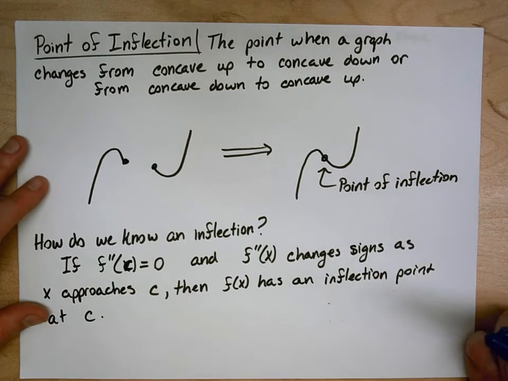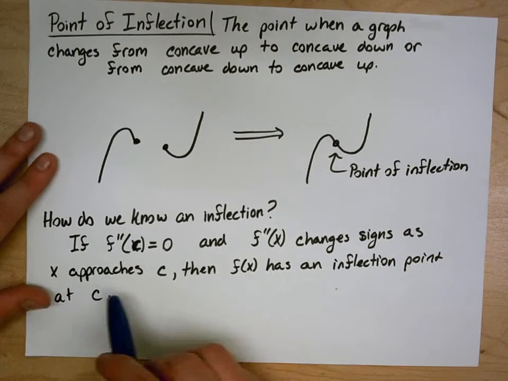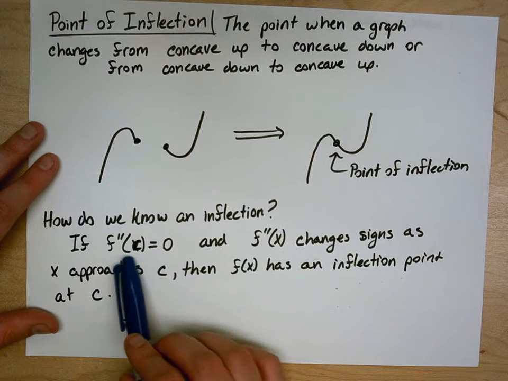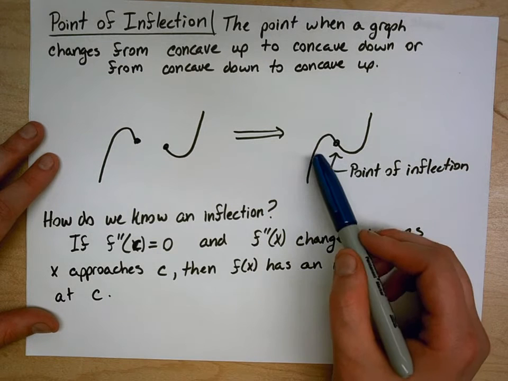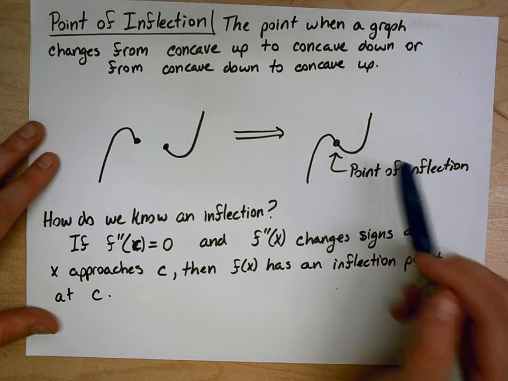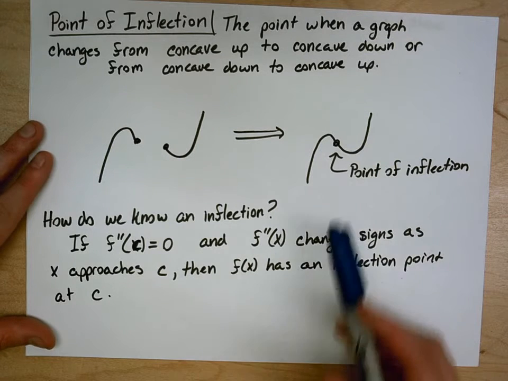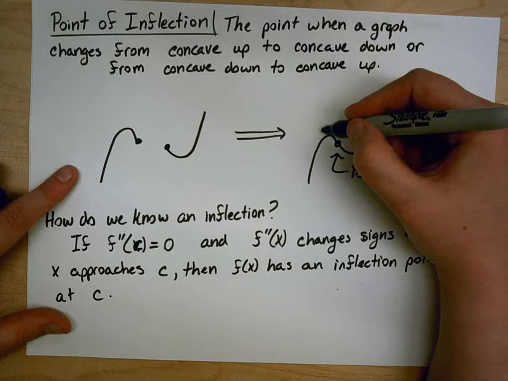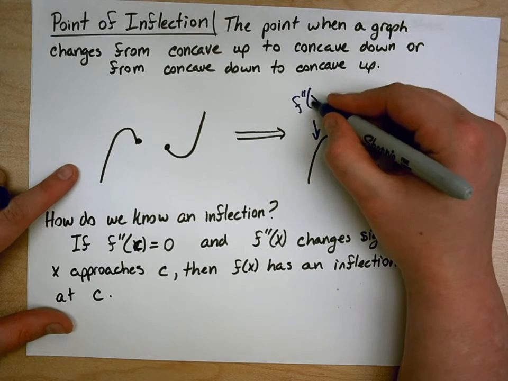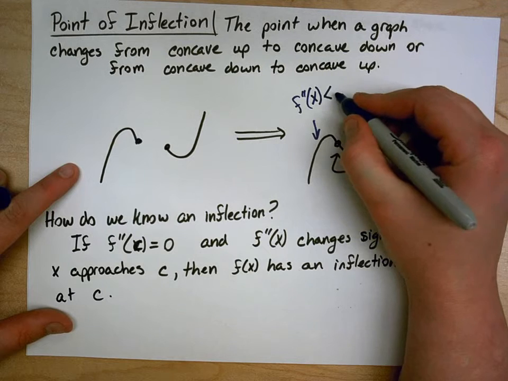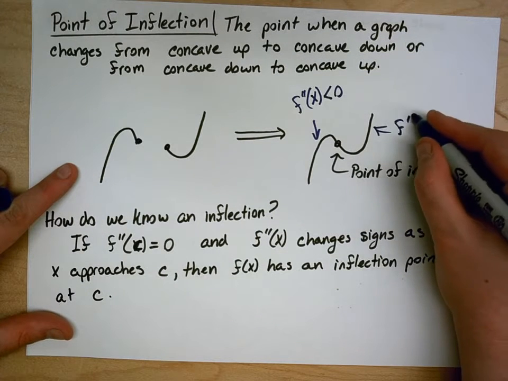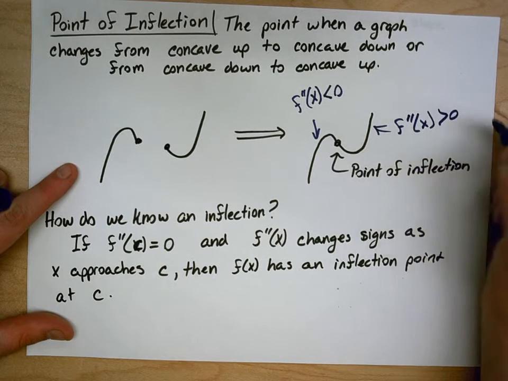So how do we know when a point of inflection occurs? We're going to be looking at the second derivative, and at when that second derivative is 0, and the graph changes from concave up to concave down. So that's when it changes sign. Here, because this is concave down, we know that our f double prime of x is going to be less than 0, and here we know that our f double prime of x is going to be greater than 0.